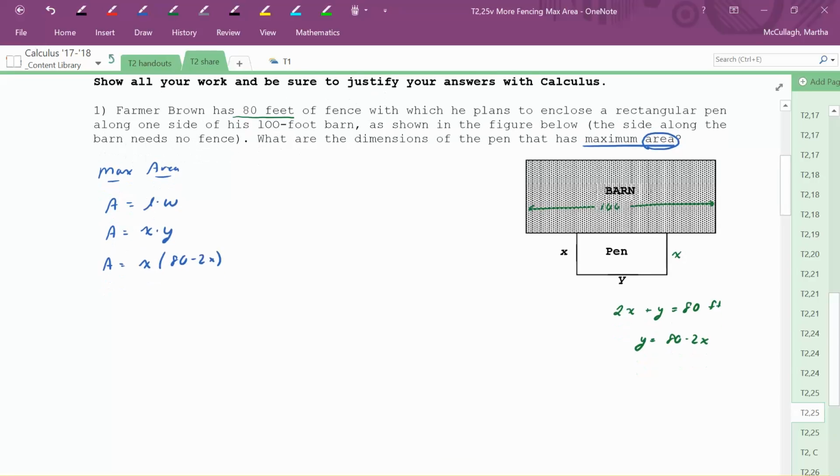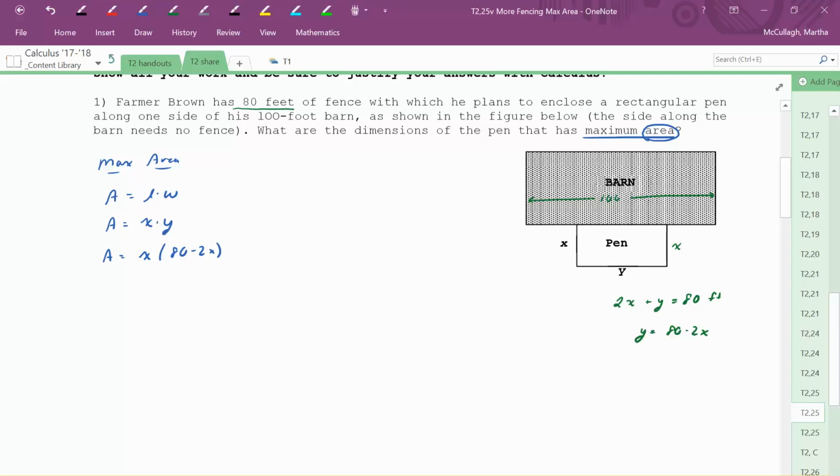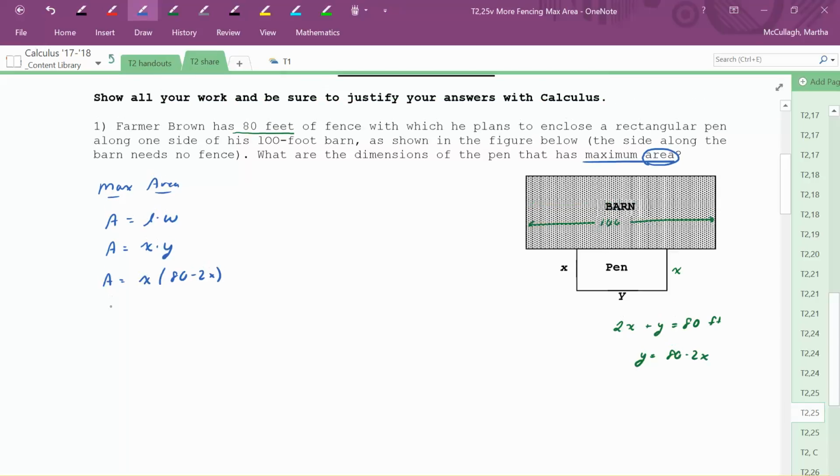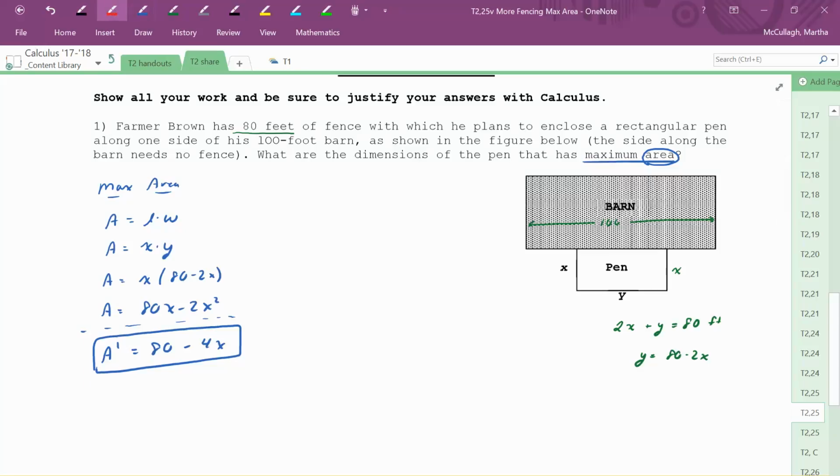Because I'm going to need to take a derivative, I'd rather not have to use the product rule, so I'm going to distribute, and I have 80x minus 2x squared. Nice straightforward derivative. A prime equals 80 minus 4x.